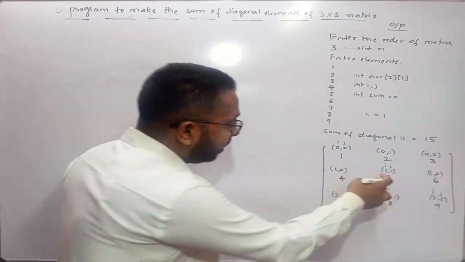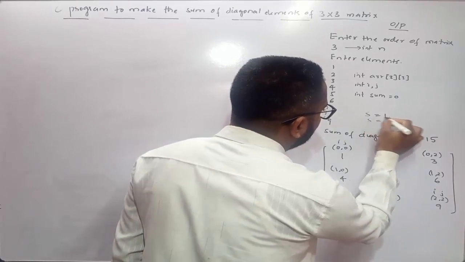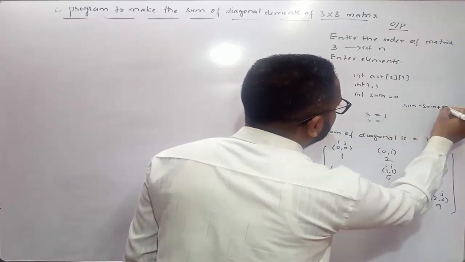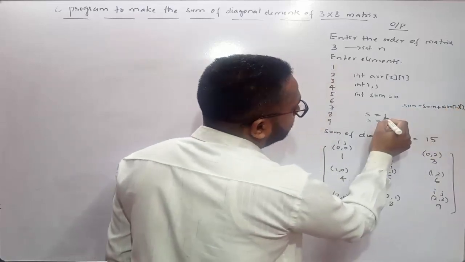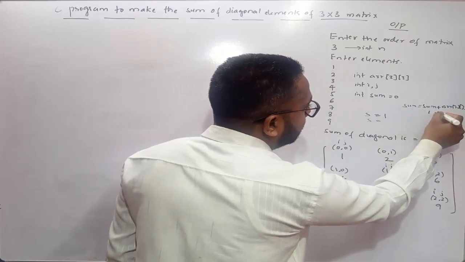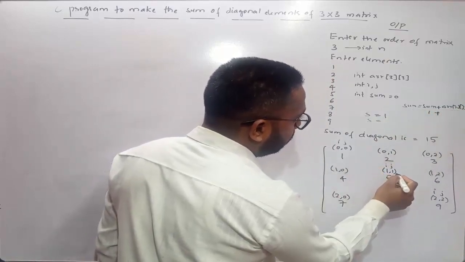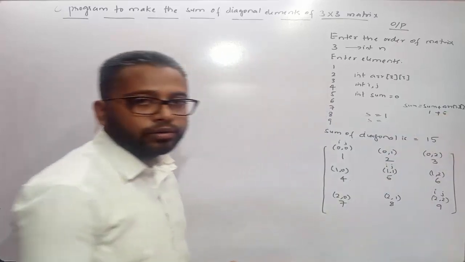So what I will do, I will take this value and store it in sum. This is sum equals sum plus array of i j. Okay, so sum was 1 in the earlier case. Now array of i j, which is this one comma one, is 5. So I will add 1 plus 5.